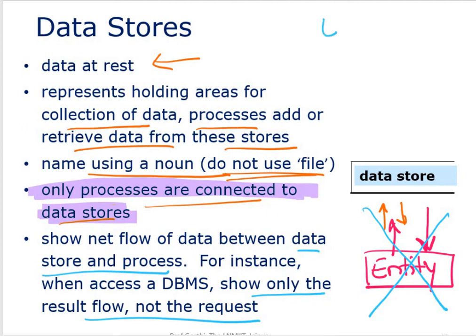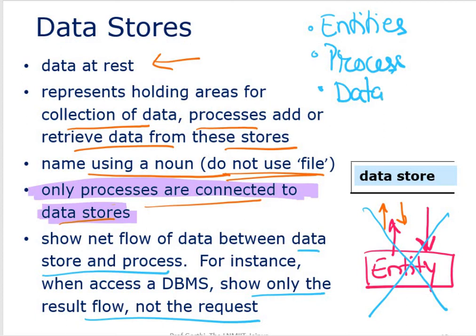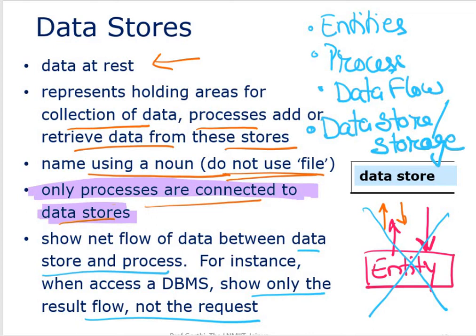One was the entities, then we had your process, then we had your data flow, and then we had your data stores or data storage. Both are same thing. So 4 constituents: entities, process, data flow, and data stores.